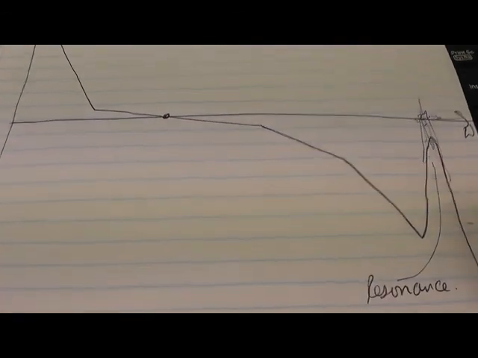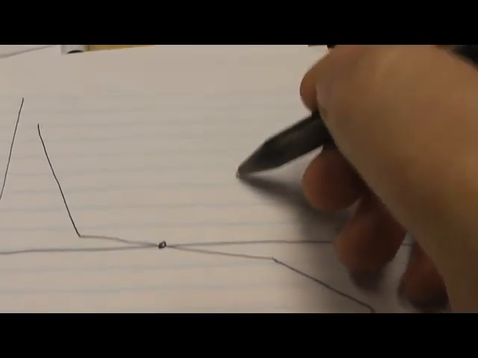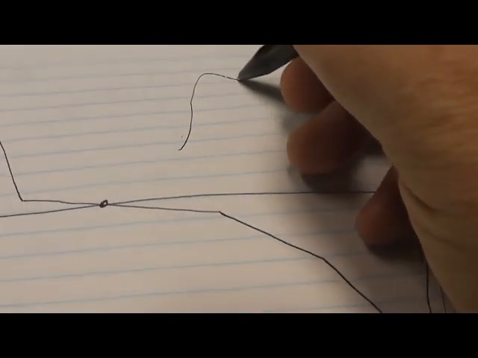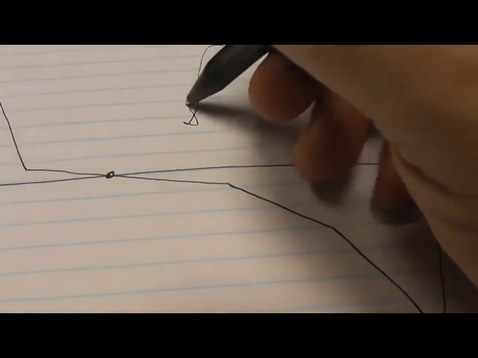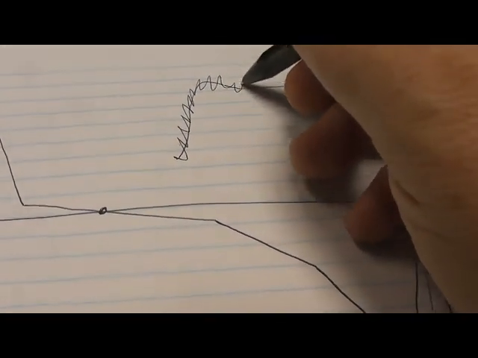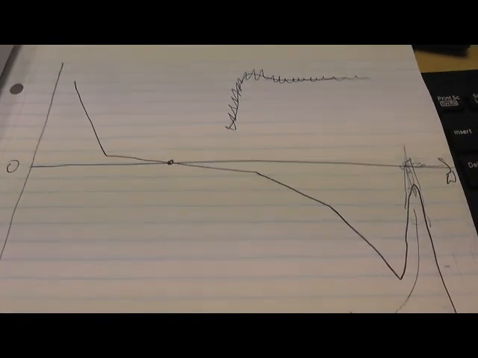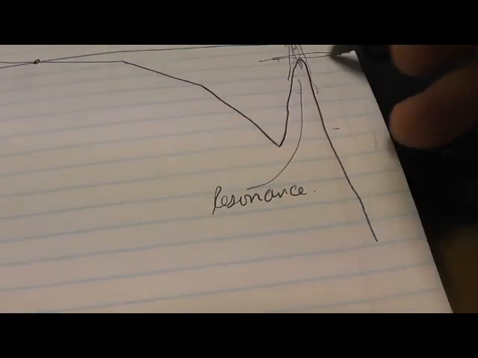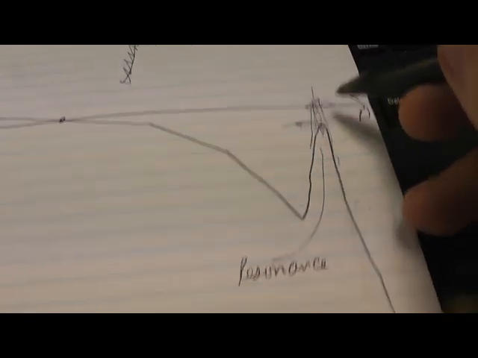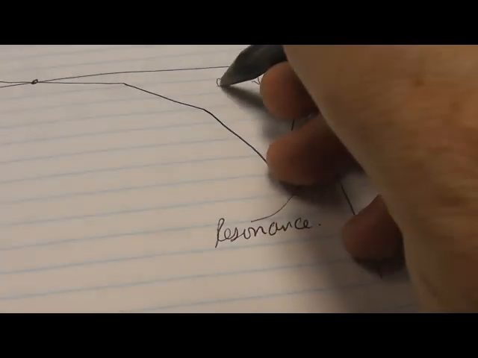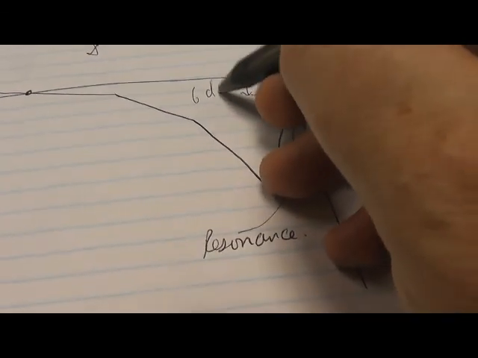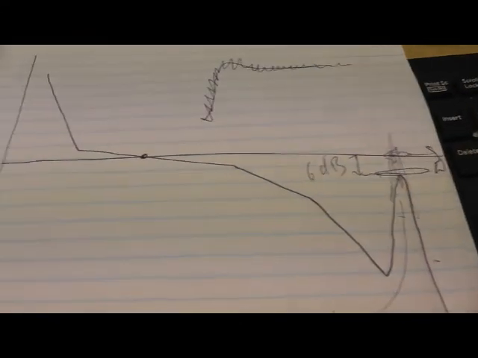But if you get a nice response like this, what you'll get is your structural resonance superimposed on top of that, which is no good, obviously. So you need to keep this guy down below 0 dB, maybe 6 dB down or something like that from crossing over.